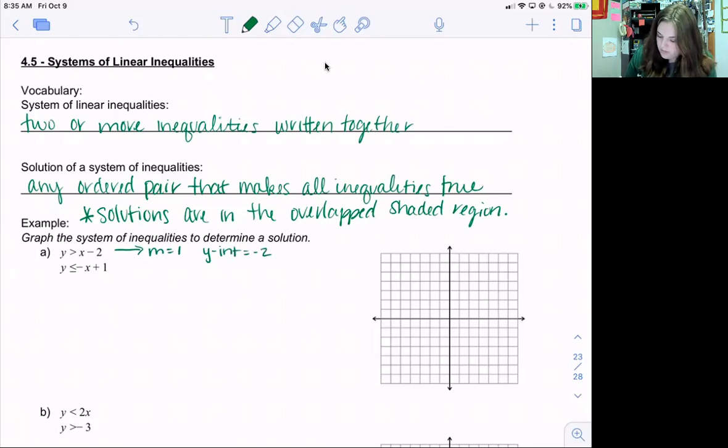So y-intercept of negative 2, put your first point. We're going to go up 1, right 1. I'm going to continue that all the way off my graph, and down 1, left 1. Okay, now we need to decide, do we have a dashed or a solid line? Remember, when we don't have a solid line in the inequality, it's going to be dashed.